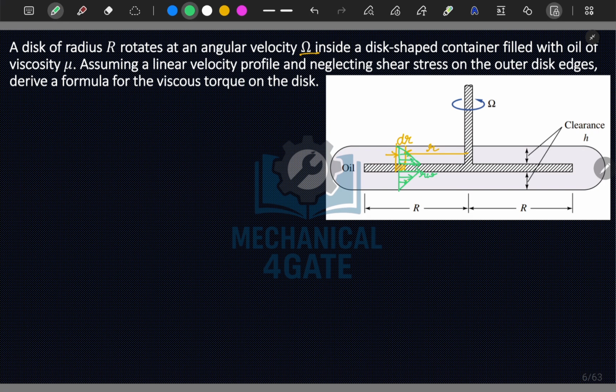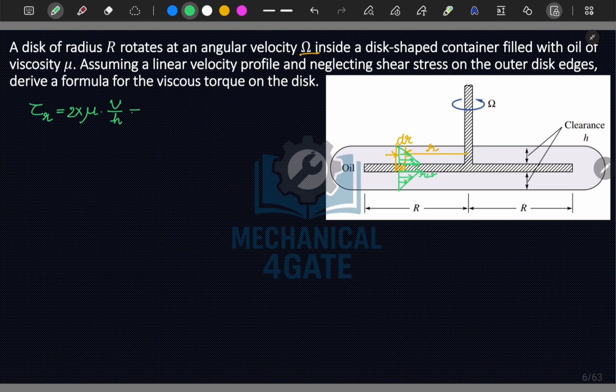So we can write that tau at r location will be equal to mu times v by h. We know that tau is equal to mu times v by h, but since it is acting on both the up and down sides, we will use 2 times mu v by h.